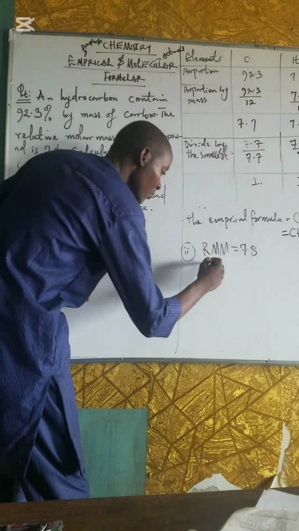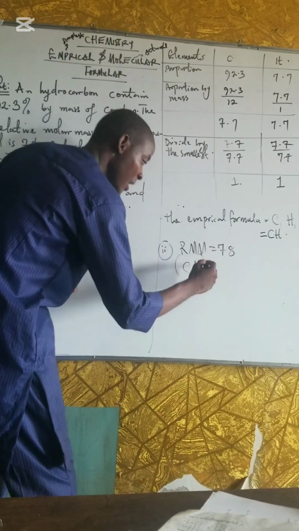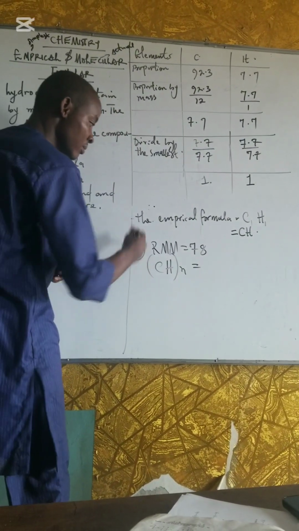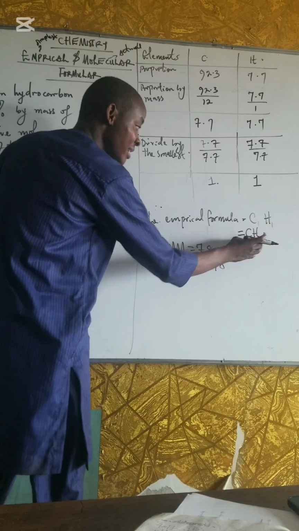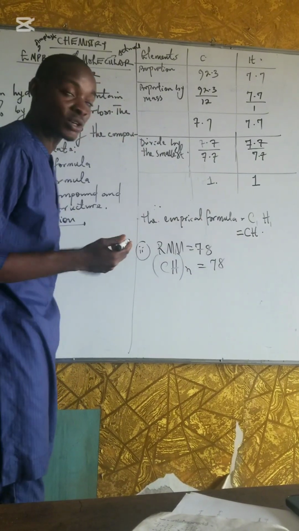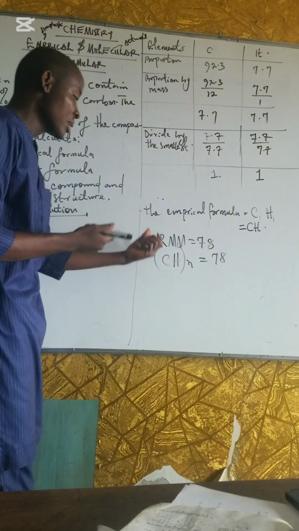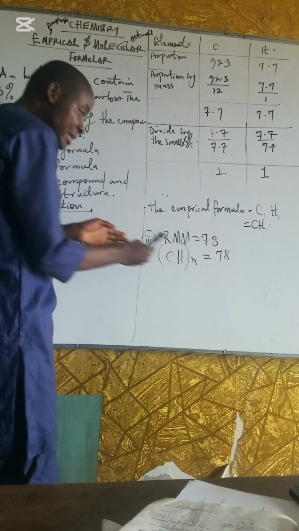So therefore, we can say CH multiplied by the actual number of atoms equals the total relative molecular mass, 78. This CH is not showing the actual numbers of atoms, it's only showing the simplest ratio. So the actual numbers of atoms present in that molecule is the molecular formula.